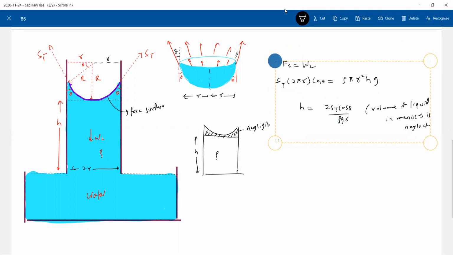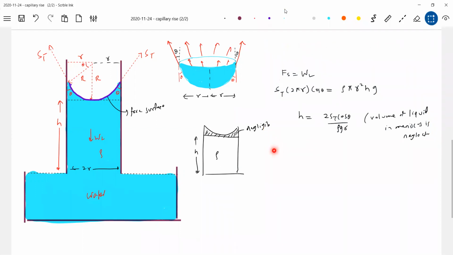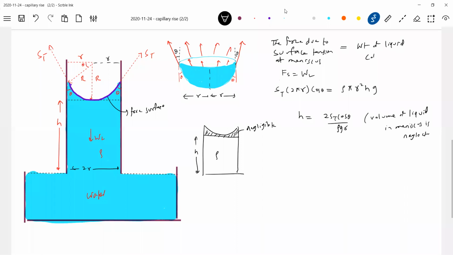The force due to surface tension at the meniscus is equal to the weight of the liquid column in the capillary tube. Finish. This idea from here we have proceeded.